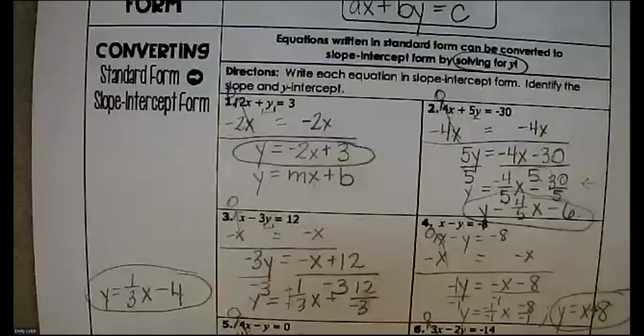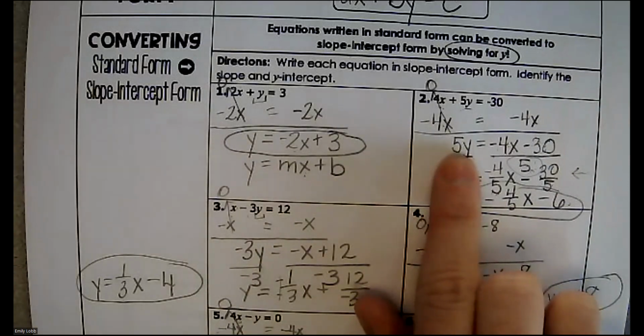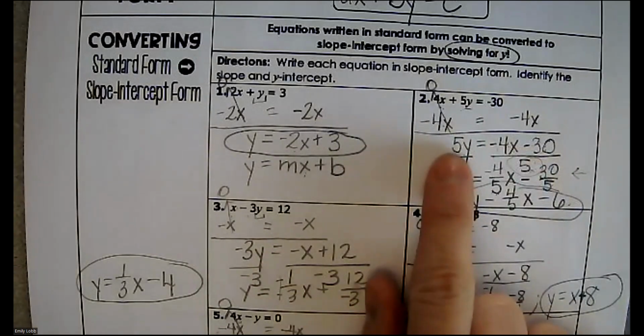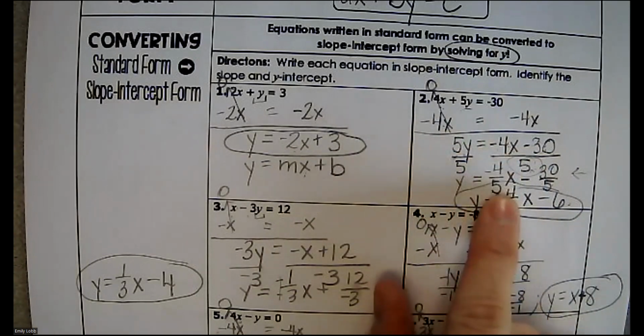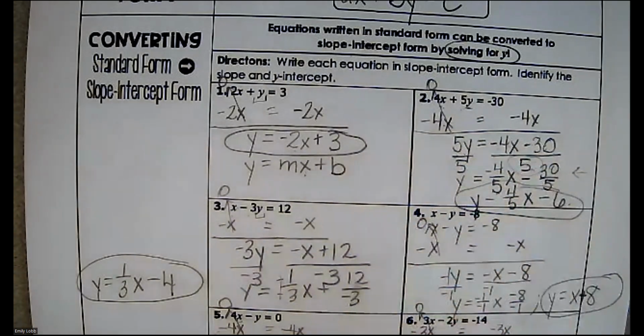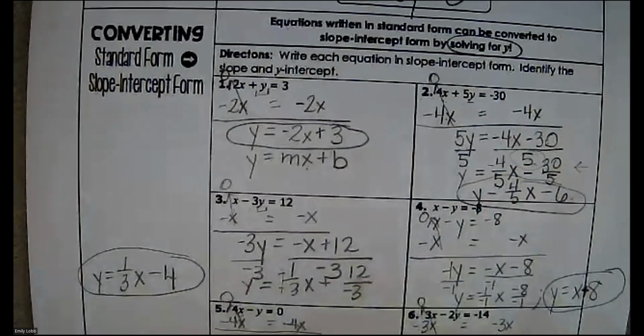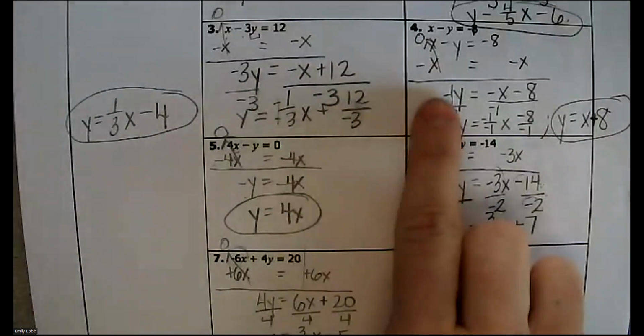Then they got a little bit more complicated, right? If we had more than one y, we had to divide all of our terms by how many y's that was. So we divided that -4 by 5. We divided that -30 by 5, and we had to simplify it. The other thing that got a little tricky was when we had a negative y.